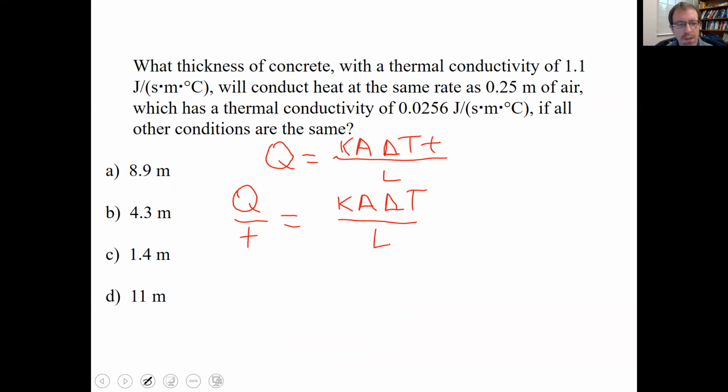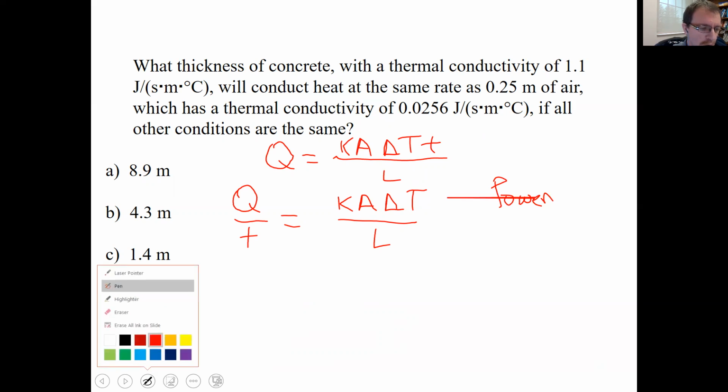Now, Q over t, there's something else we could call that. Remember that Q is heat and heat is energy. So effectively what we have there is energy over time. And you might recall that energy over time is actually power.